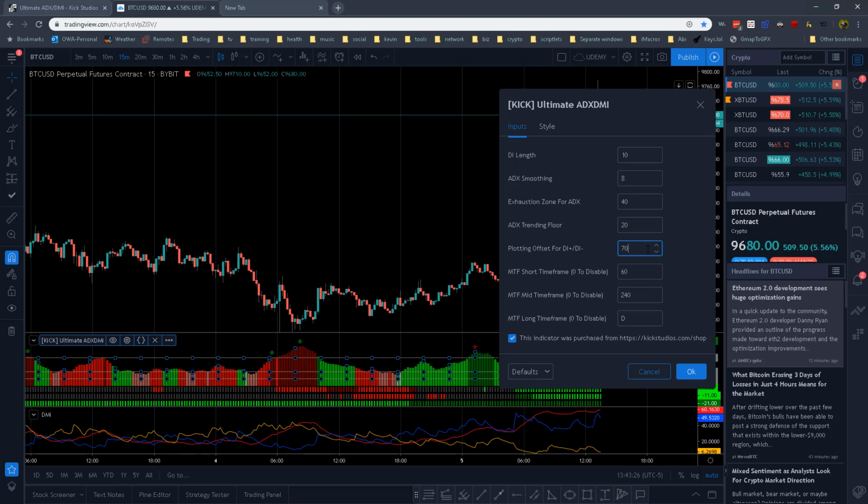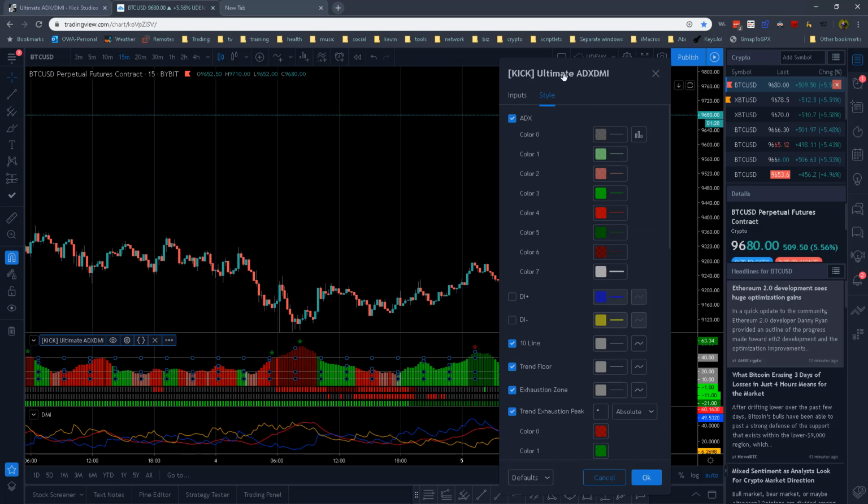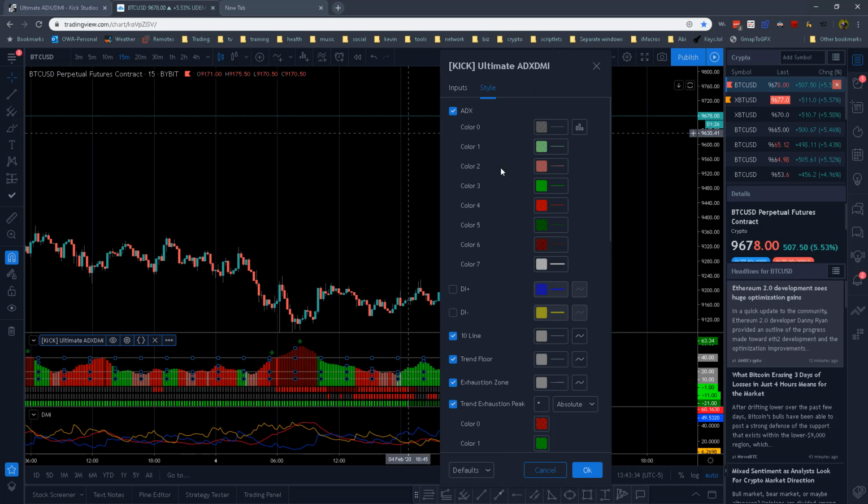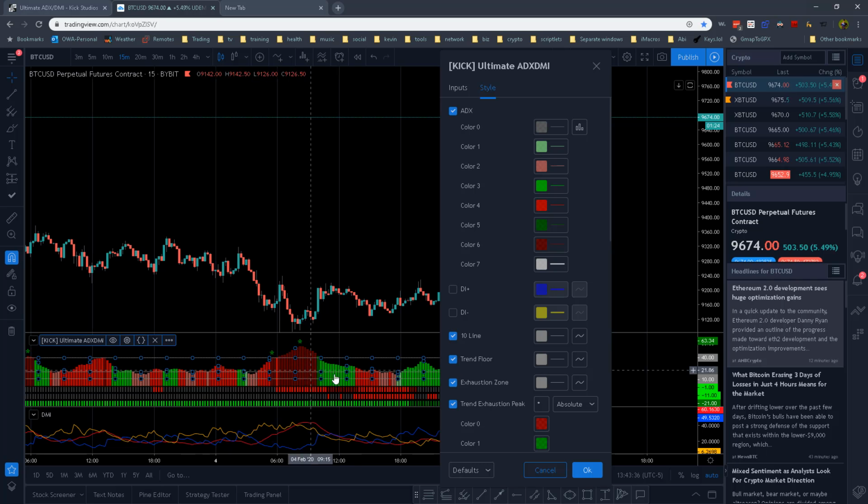Okay, I've already talked about this one, and I'll get to the multi-time frame items in a moment. Do want to point out that all of this can be turned on and off. So these lines here are not really necessary visually, since we have the ADX change colors once you go above 40, we don't need that exhaustion zone line.